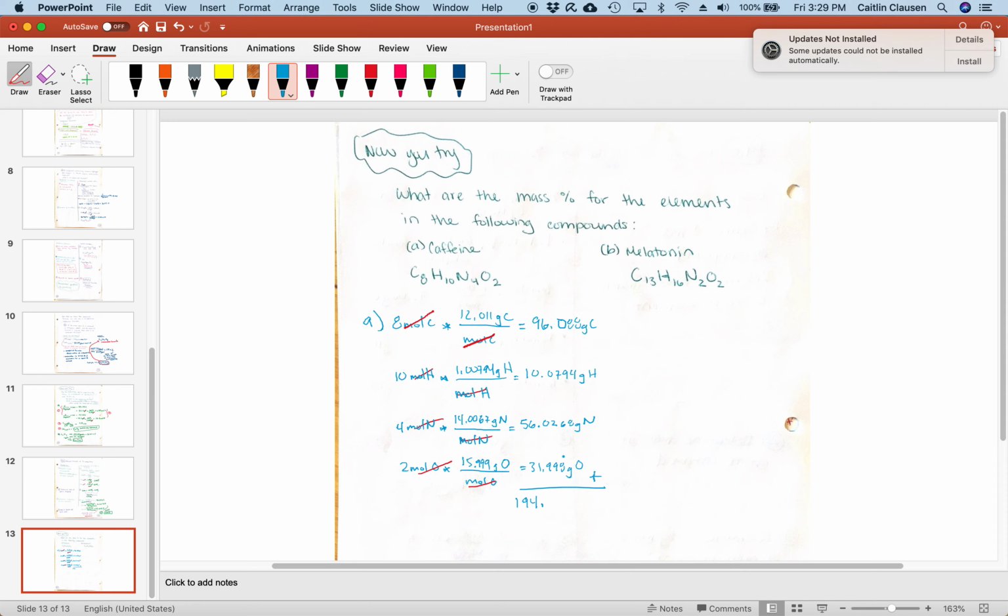The least certain tie between carbon and oxygen, so we go out to the thousandths place right now. 194.192 grams of CH10N4O2.